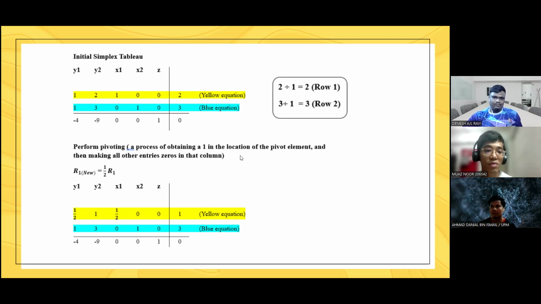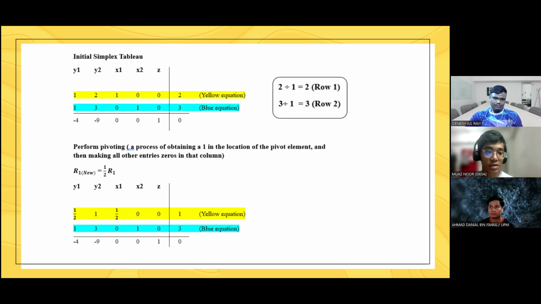So after that we perform pivoting on the yellow equation because it has the lower value. Pivoting is a process in order to obtain one value in the location of the pivot element, and then making all other entries 0 in the column.